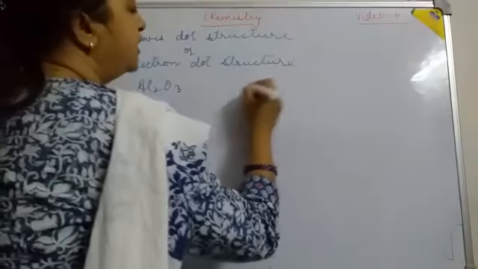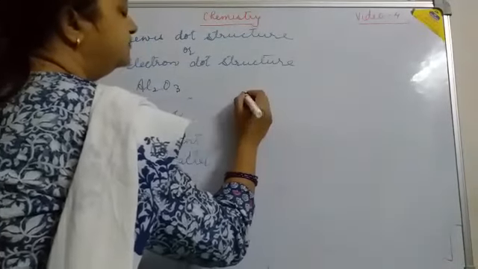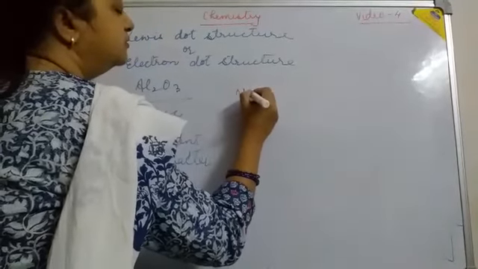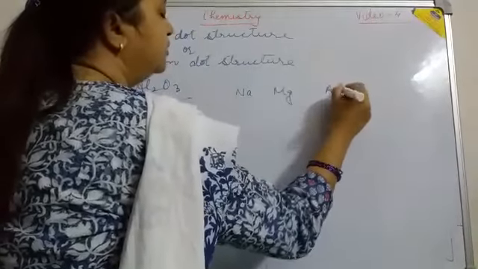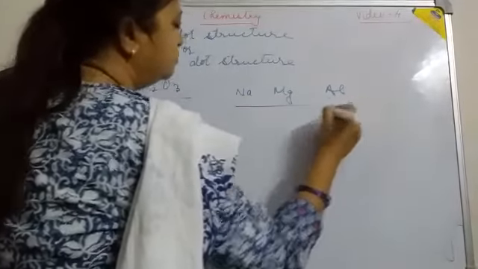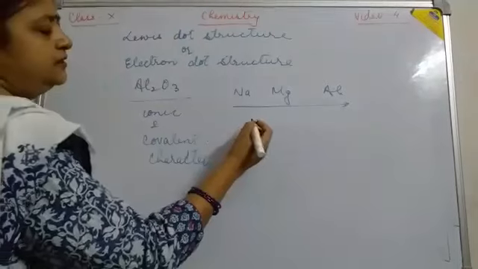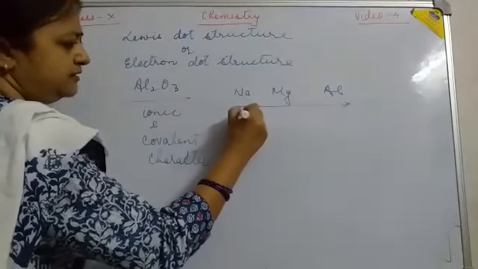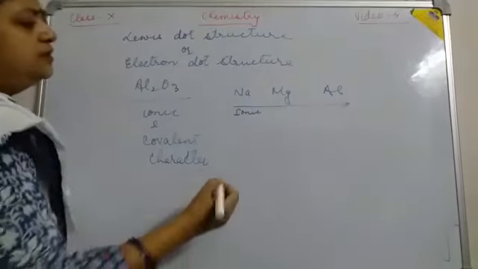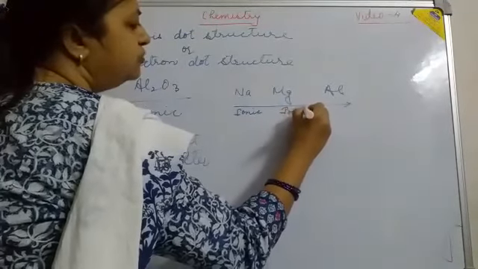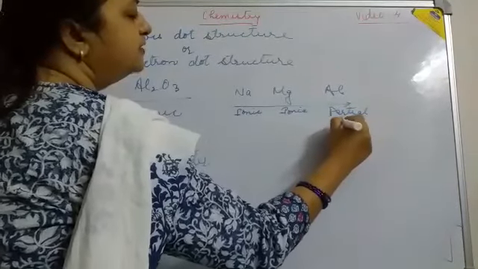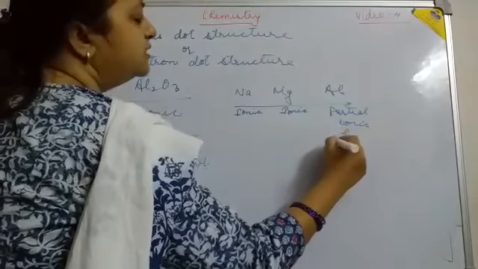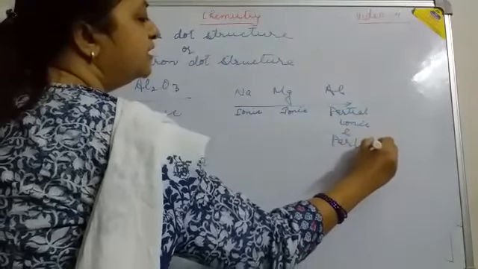Because when we go from left to right of the periodic table, it is sodium, magnesium, aluminum. So when we go from group 1 to group 3, there is ionic character in group 1, ionic character in group 2, but there is partial ionic and partial covalent character.